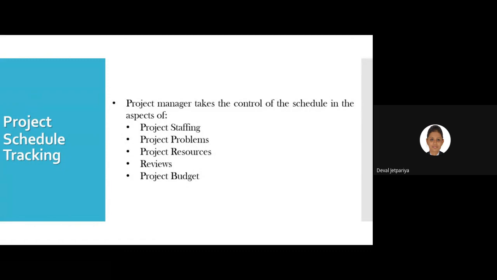Third one is project resources. If we require any extra resources, that will be provided by the manager. Review will be taken by them, and the last one is the project budget. That will also be decided by the project manager. Fine.